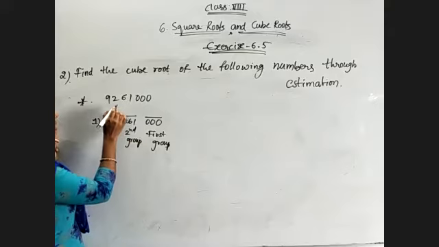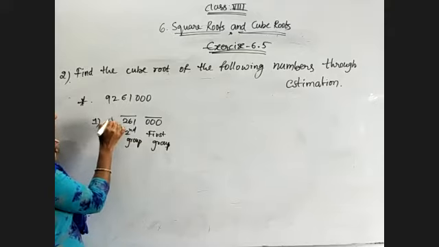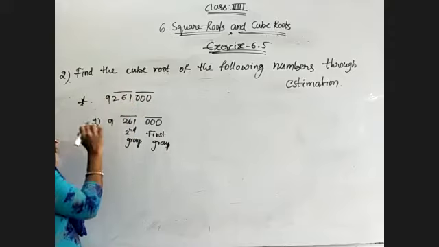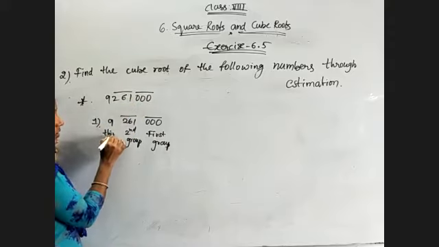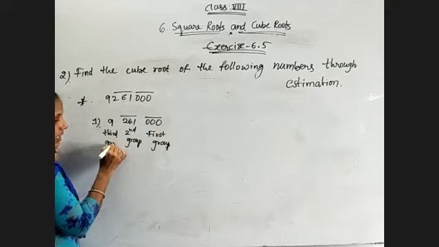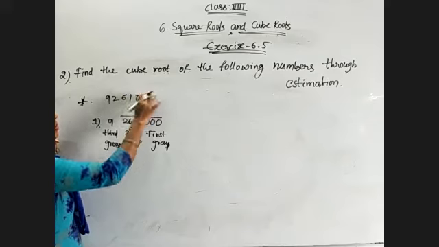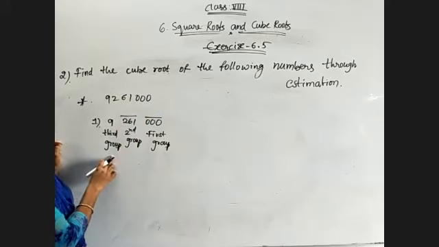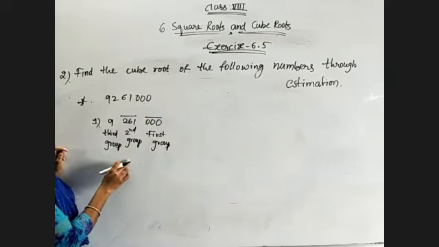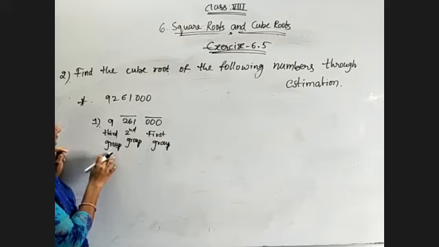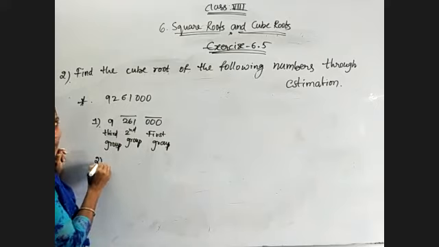And in the third group, I have only 9. 1, 2, 3, so I have 3 groups now for this question. That's why I'm giving this example. Till now, only 2 groups we got. Now this is one example which is having 3 groups because it has more than 6 digits. If the number has more than 6 digits, then how we need to find its cube root, we will see.